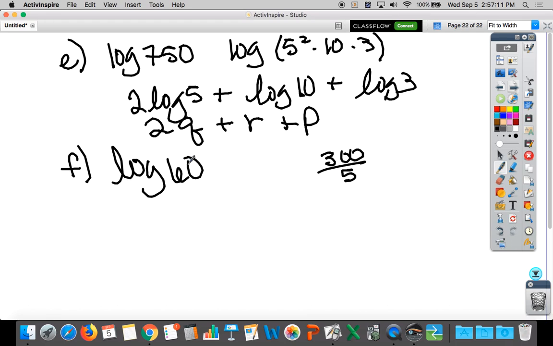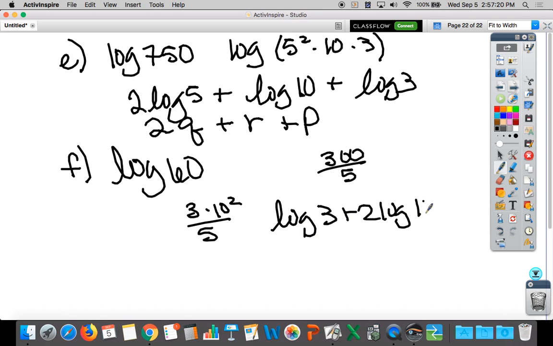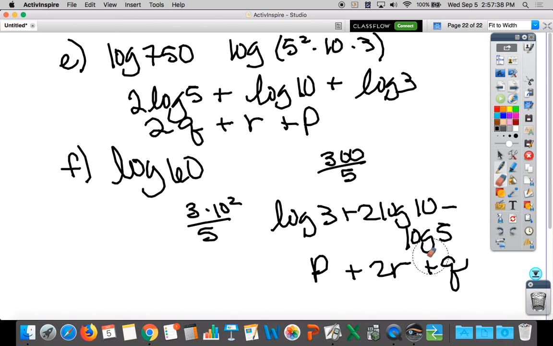So I know 300 divided by 5, so that would be 3 times 10 squared divided by 5, which would be the log of 3, plus 2 logs of 10, minus a log of 5, which is P plus 2R minus Q. Oh, so dividing, yep, I'm sorry. I just want to make sure I didn't do it wrong. No, because I was not seeing that minus that I put up there.